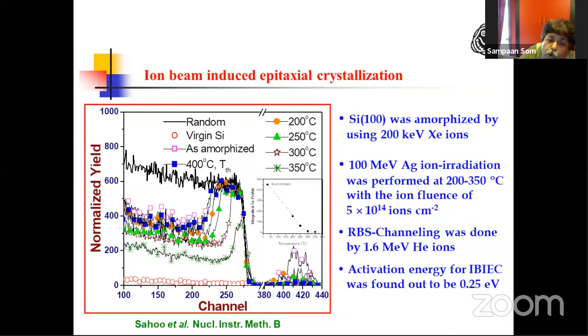If we go a little higher on the temperature during the bombardment, we can reduce this further. Now, this peak corresponds to the krypton, which was used to amorphize the sample. Let us not get into this much, but it is also very clear that with increasing temperature, this also reduces drastically. So we can find out the activation energy for this method also. And RBS channeling was performed using 1.6 MeV helium ions. Next slide, please.